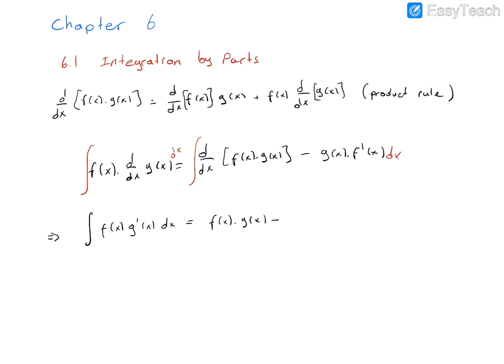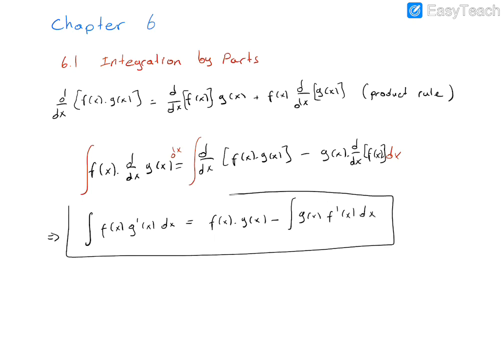Here, instead of the f prime, I use the Leibniz notation, so now I will write f prime: g of x times f prime of x dx. This formula is known as the integration by parts technique.